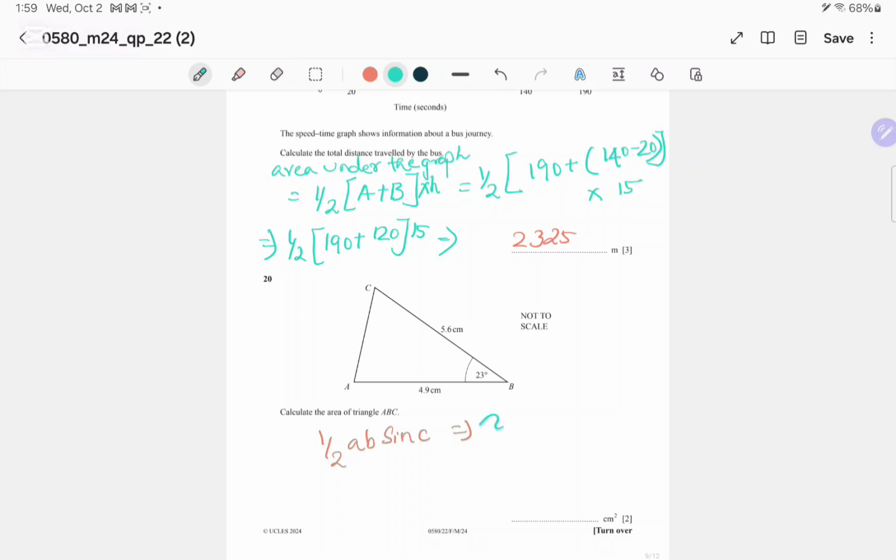So half into 4.9 into 5.6 into sine 23 degrees. Okay, after calculating all these things, it is around 0.14728 divided by 2, which gives around 5.36. Okay, so your answer is here 5.36 centimeter square.